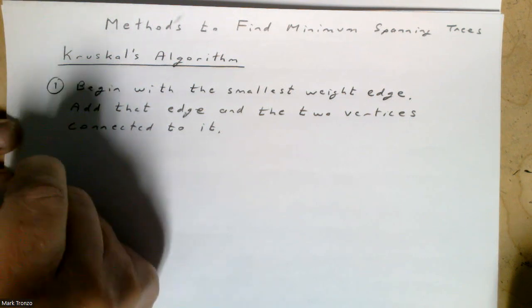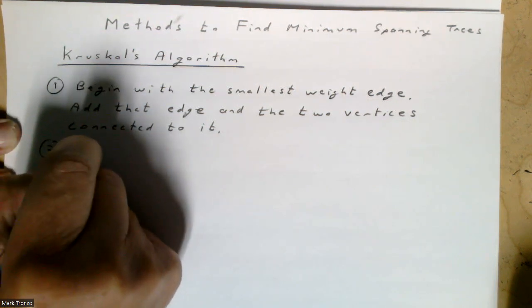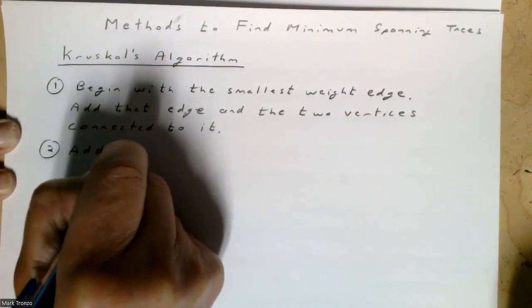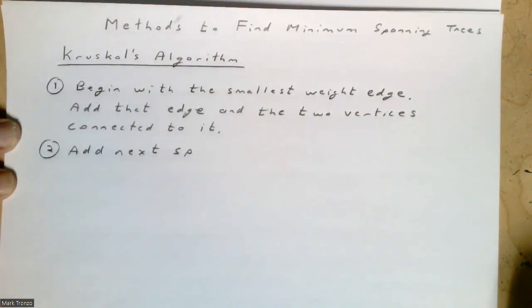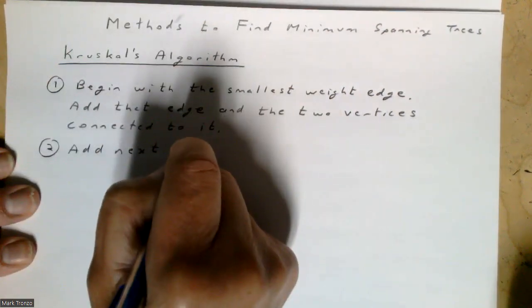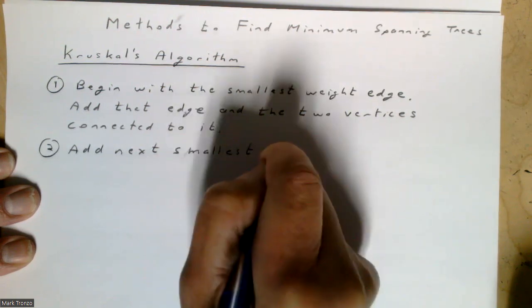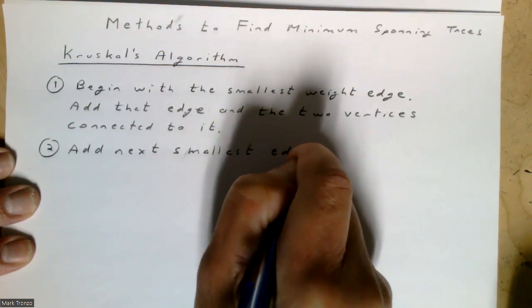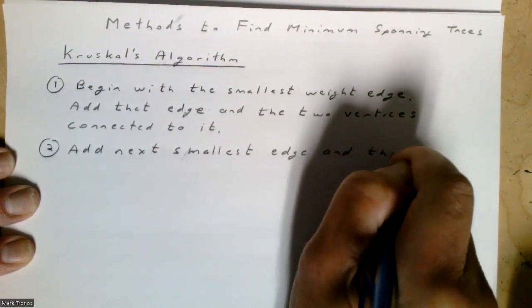Then add the next smallest edge and the vertices that it's connected to.